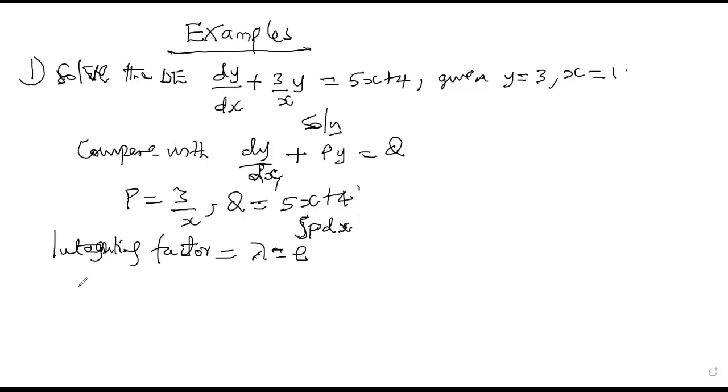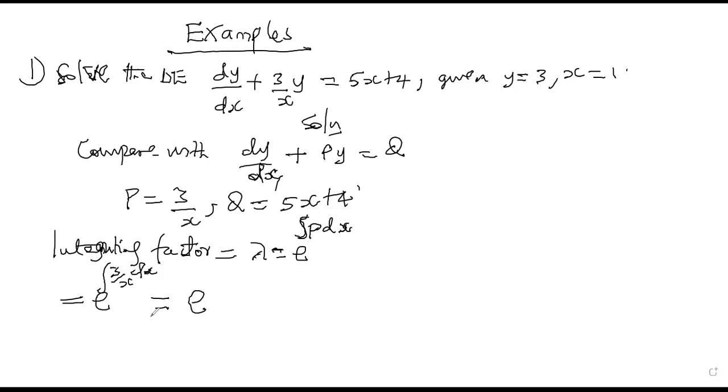So it is going to be equal to e to the power integral of p, and our p is 3 over x, so we write 3 over x dx.